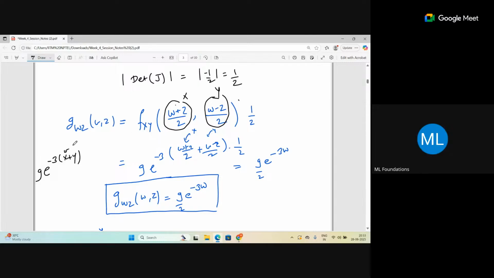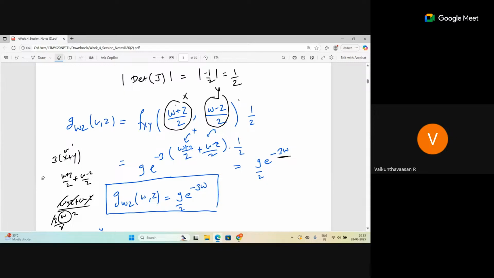So I just substituted x as (w plus z) by 2, and y as w minus z. The denominator is the same for them, so it is 3 times (w plus z) by 2 plus (w minus z), and z will get cancelled. 2w by 2 is w, so that is 3w, you can see here.